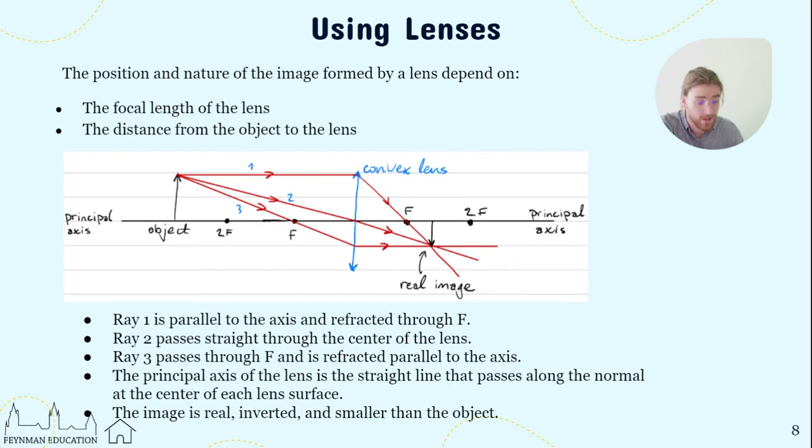So obviously when we're using lenses, the image that we generate is going to be dependent on the focal length of the lens, so how far the focal point, the point of convergence of the light rays, is from the lens, as well as the distance from the object to the lens.